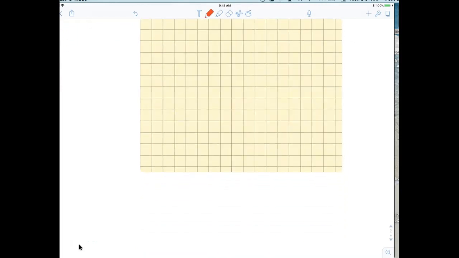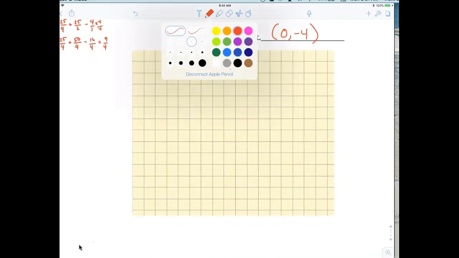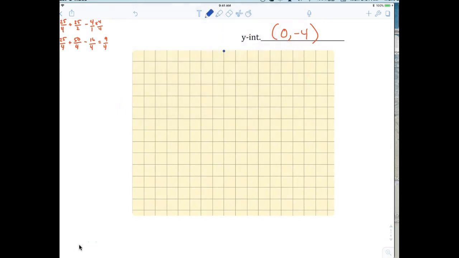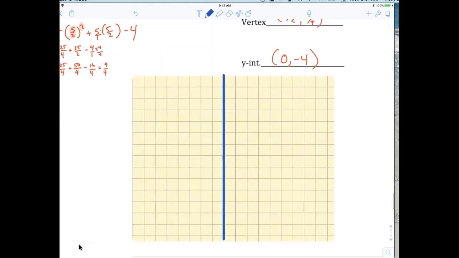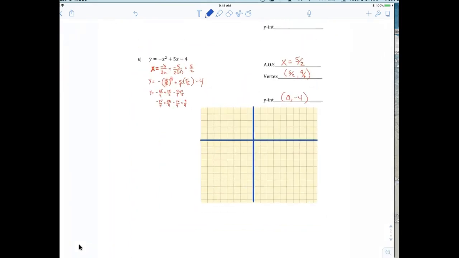Now, again, for this, 5 halves. That's 2.5. Does everybody agree with that?